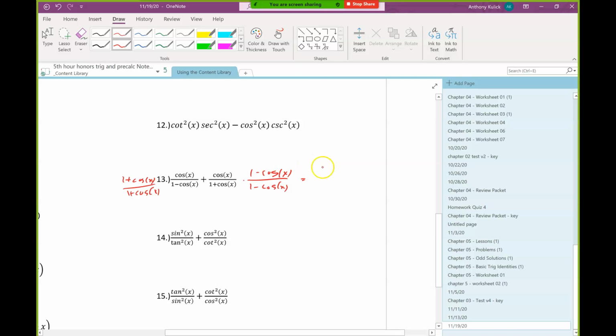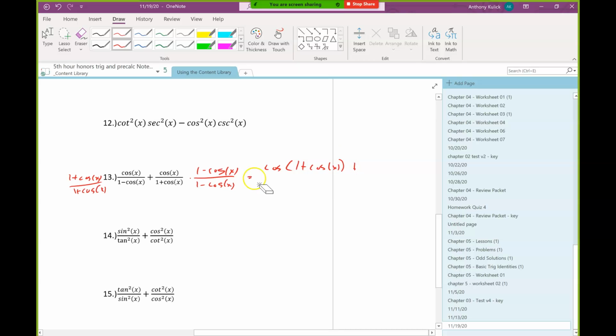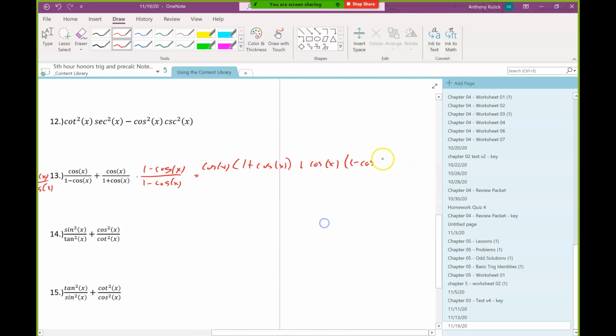So if I do that, I'm going to have cosine x times 1 plus cosine x, plus cosine x times 1 minus cosine x, all over, when I FOIL that out, 1 minus cosine squared x.